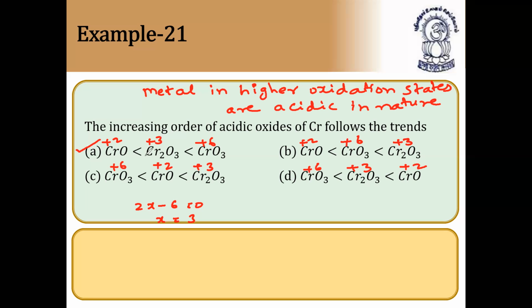So CrO is basic, Cr2O3 is amphoteric, CrO3 is highly acidic in nature. So the answer could be A. Is it clear? Next question.